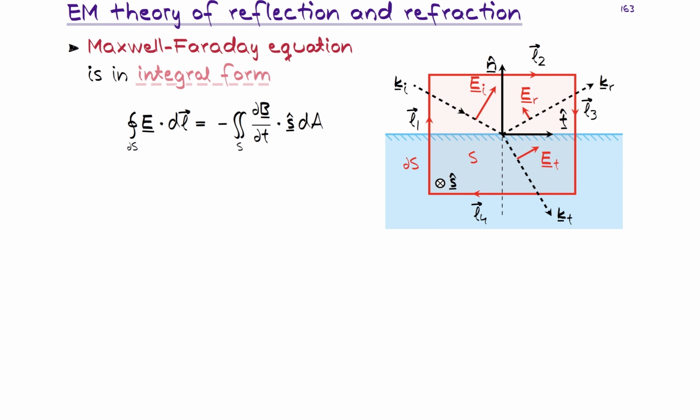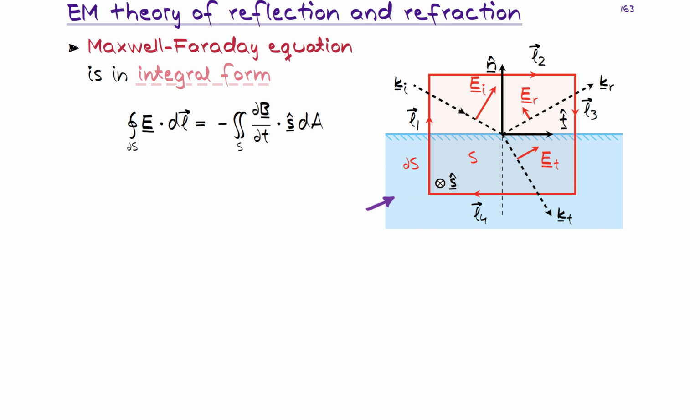And now we take the dot product with the S hat term here, essentially the surface normal of this surface of interest, and then we have the differential area of interest.